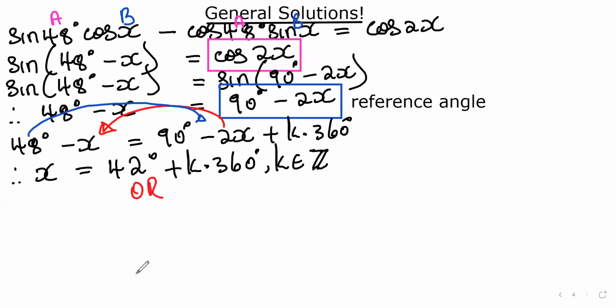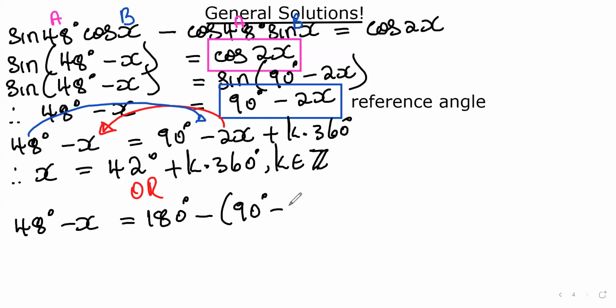Then we move on. Sine is also positive in the second quadrant, and in the second quadrant we have 180 degrees minus the reference angle, and we still have k times 360 degrees.